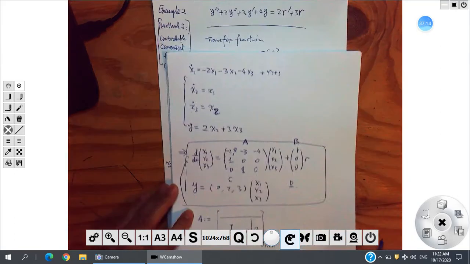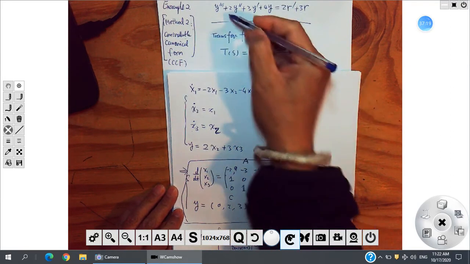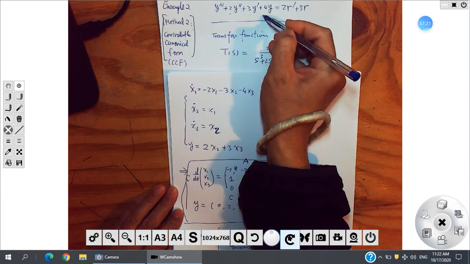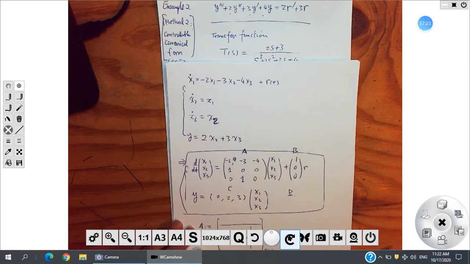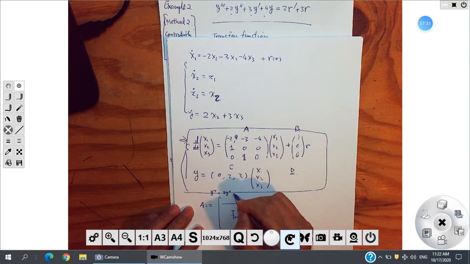Related with the coefficients of this part. So I can put here y triple prime plus 2y double prime plus 3y prime plus 4y. Now here, this one going down is -4.